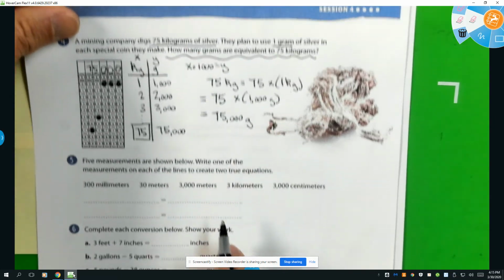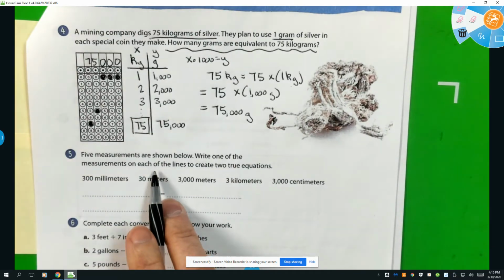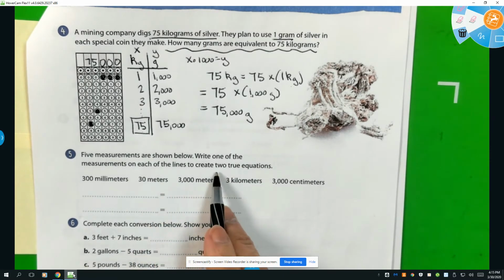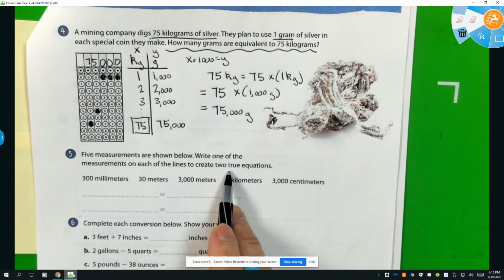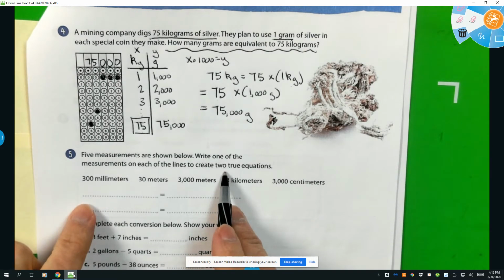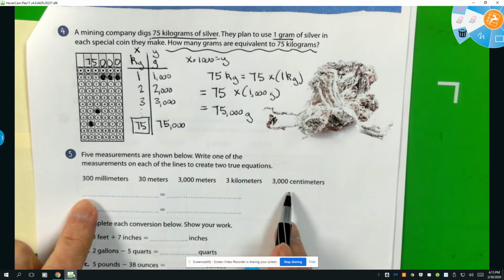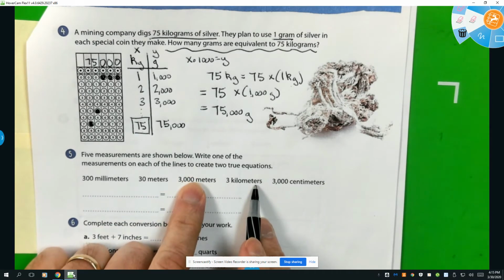Okay, number 5. 5 measurements are shown below. Write one of the measurements on each of the lines to create 2 true equations. All right, so we've got to make these show conversions that are equal to each other. So I know that kilometers and meters go together.